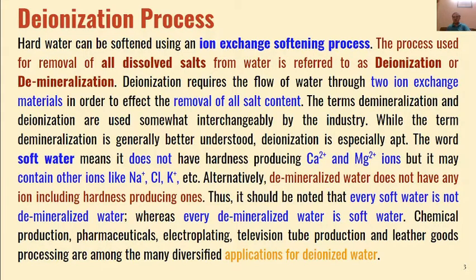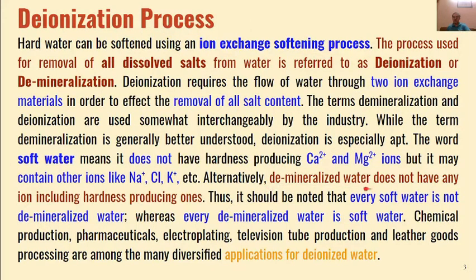So if we remove these ions, calcium or magnesium ions, then this water will be called soft water, and it may contain some other ions like sodium or chloride ions or potassium ions, but it should not have calcium and magnesium ions.